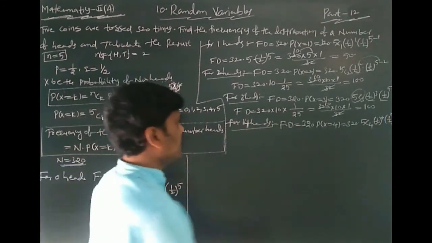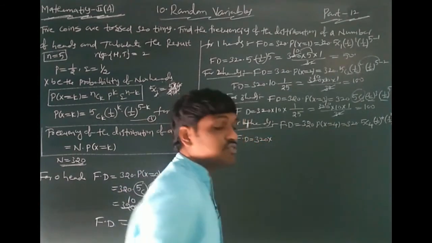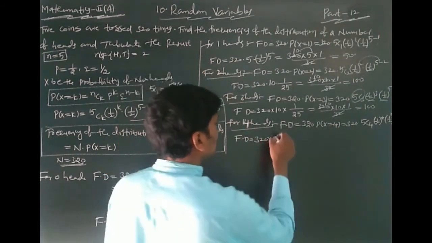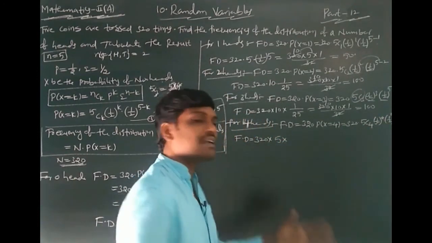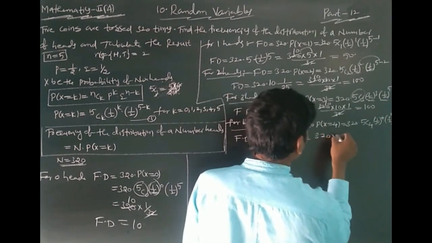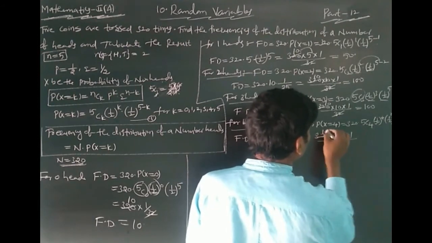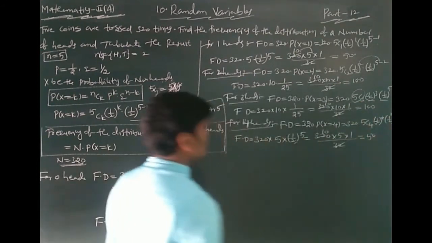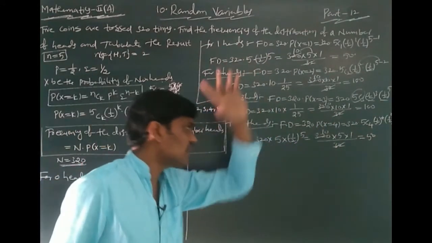Similarly, the frequency distribution equals 320 into 5C4, which is 5, into (1/2) whole power 4 and (1/2) whole power 5 minus 4; adding the powers gives (1/2) whole power 5. You can write 320 into 5 into (1/2) power 5; 32 ones are 32, 32 fives are 160, and you get 50. This is the frequency distribution for the 4 heads probability: 50.